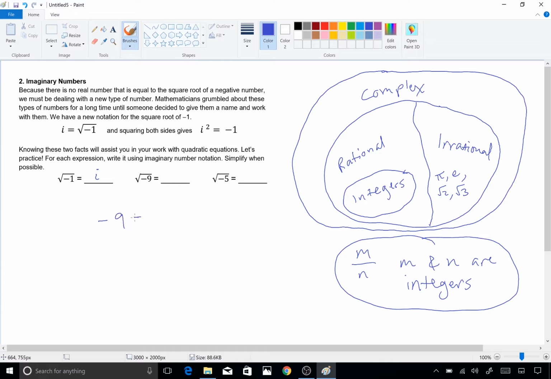-9 can be written 9i squared, which factors into 3 times 3 times i times i. The square root of -9 is 3i.